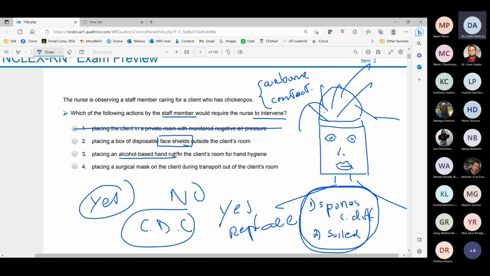So for test purposes, and in line with the Centers for Disease Control, this is correct. We can use alcohol-based hand sanitizer for the hand hygiene of a client with chickenpox.